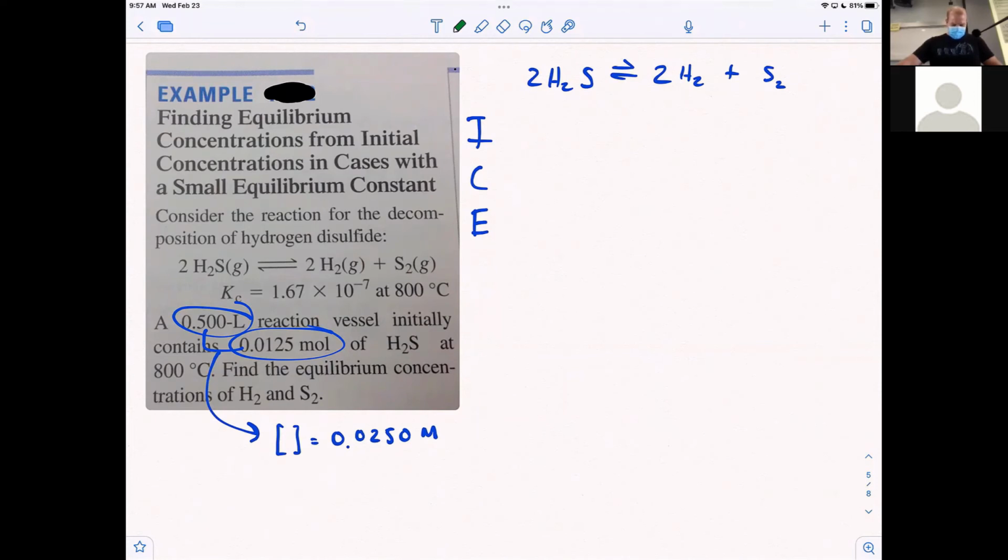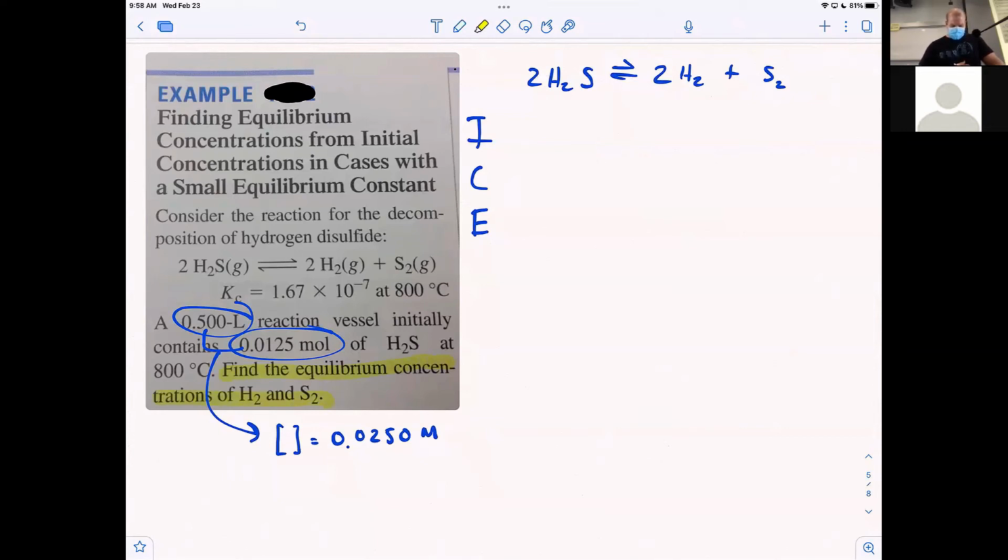The equilibrium constant is 1.67 times 10⁻⁷. In a half-liter reaction vessel, the vessel initially contains 0.0125 moles of hydrogen sulfide. What you want to find are the equilibrium concentrations of the products.